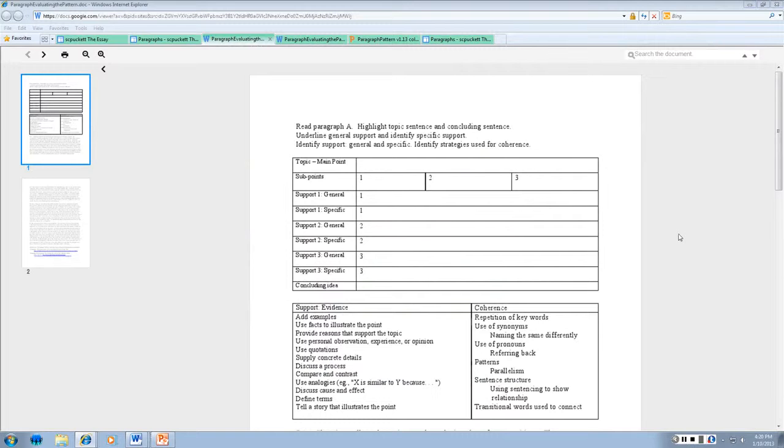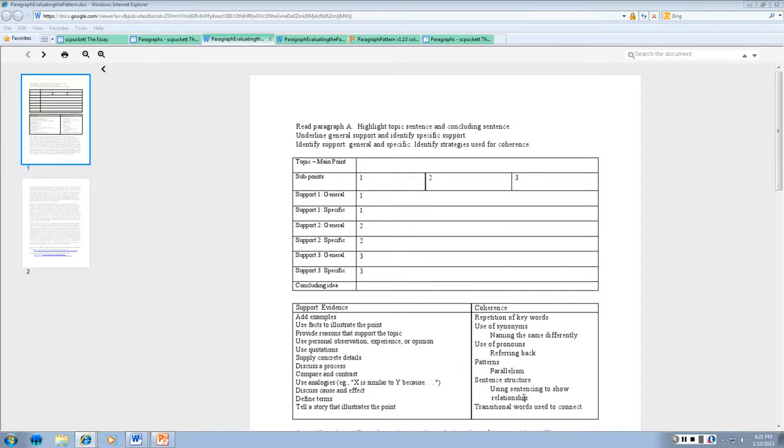This handout is attached to the web page so that you can look at it and see whether or not you can identify the components of a paragraph. I've provided a chart so that you can see if you can identify them. Notice that evidence, these are the ways that you can provide evidence, so you can look to see if you can identify these components in the paragraphs.